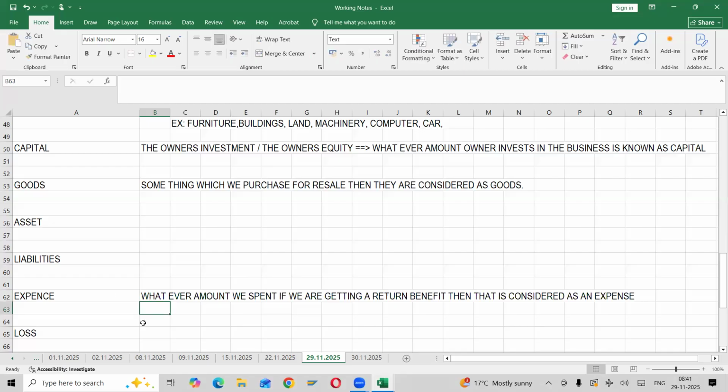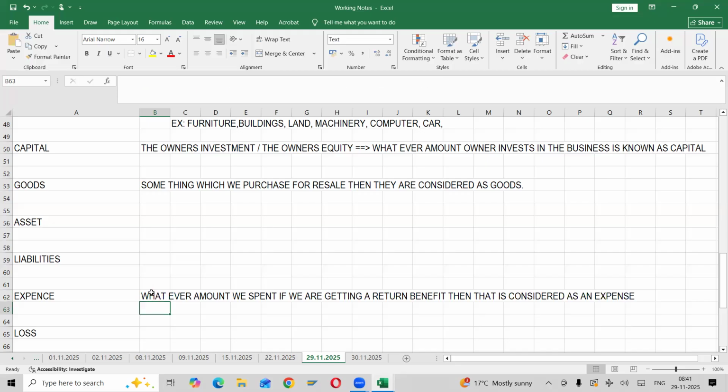Clear? If you are getting something in return, whatever amount you spent, for example, you are spending for building rent, do you get a return benefit? Yes. You are paying salaries to your maid. Are you getting any return benefit? Yes.